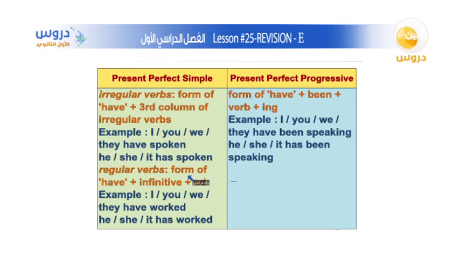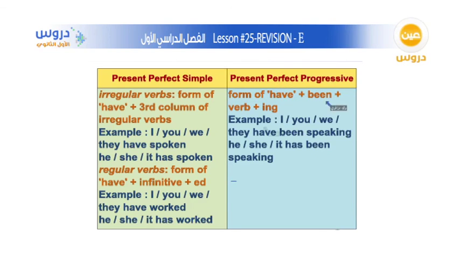She has spoken. And it has spoken. The regular verbs: form of have plus infinitive plus ed. For example, I have worked. You have worked. We have worked. He has worked. She has worked. And it has worked. Present perfect simple.